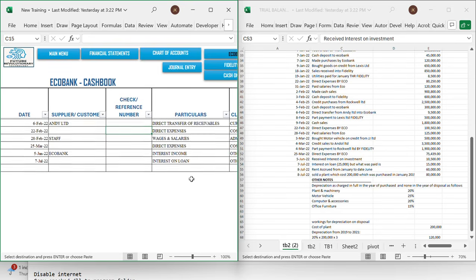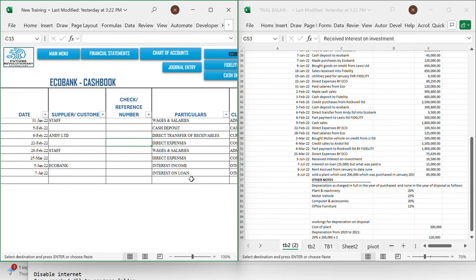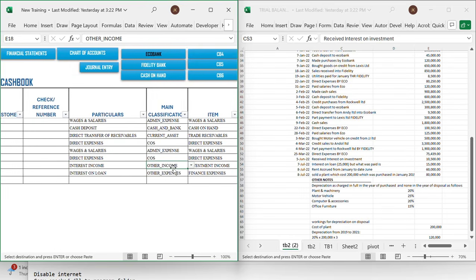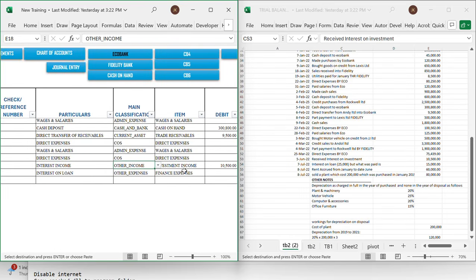But remember that investment income is a standalone in accordance with the IFRS 18. So it has to be treated in the investment income or in the investment profit section of the P&L, right? So this is how we are going to treat it. You select other income as the main classification, and then the item is going to be investment income.